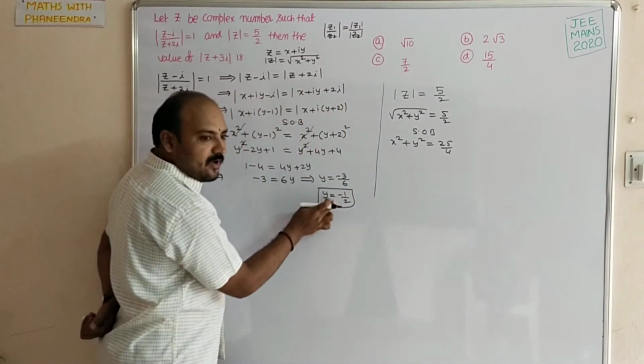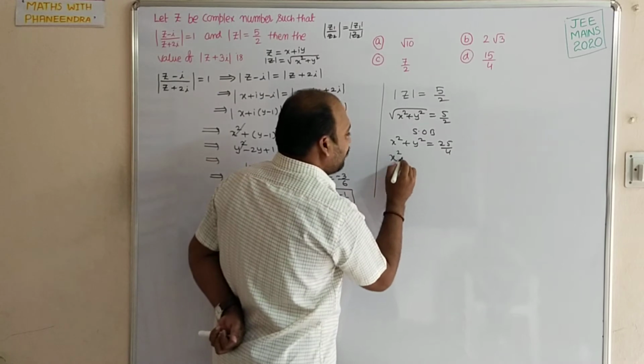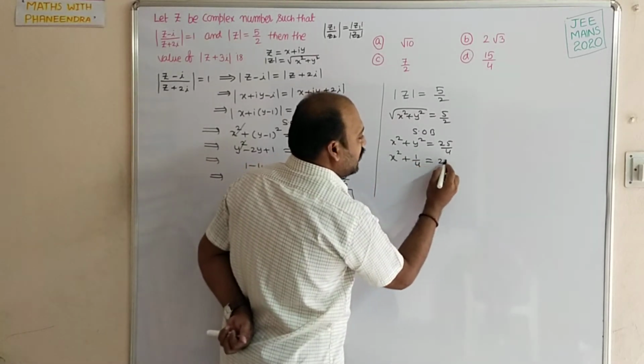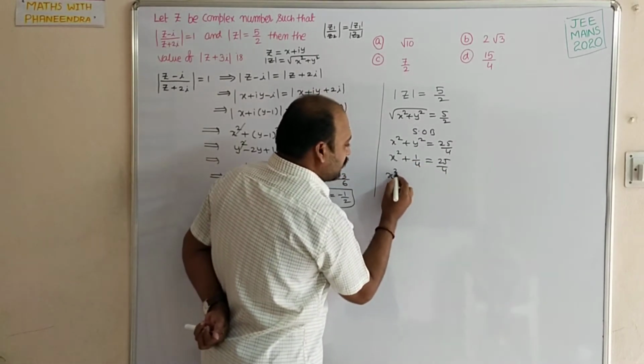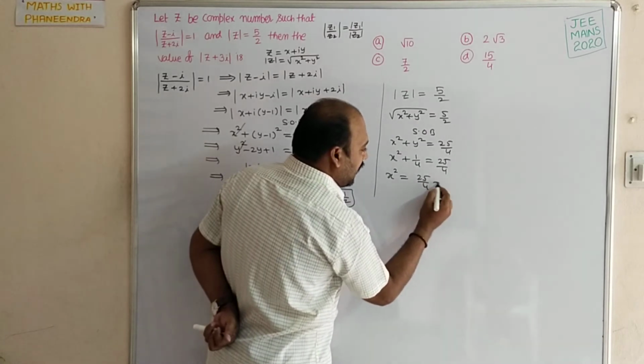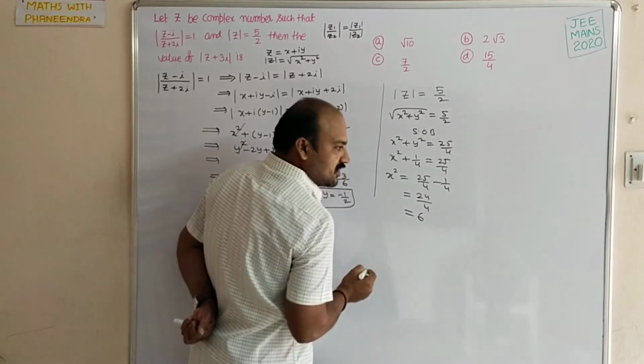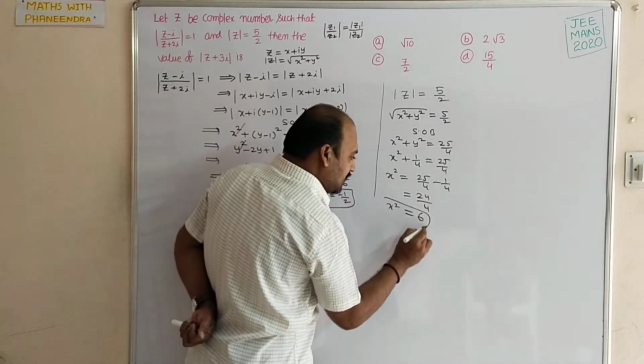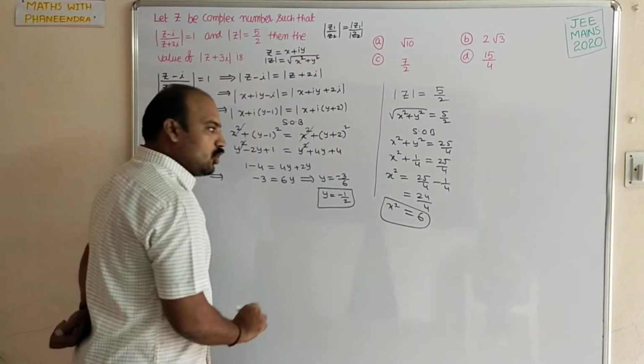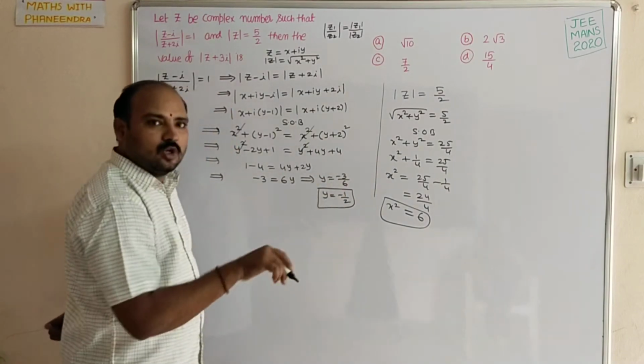What is y? Substitute y as minus 1 by 2, whole square is 1 by 4. So x square equal to 25 by 4 minus 1 by 4, which is 24 by 4, and 4 sixes are 24. So the x square value is 6. We got x square, and y equal to minus 1 by 2 also.